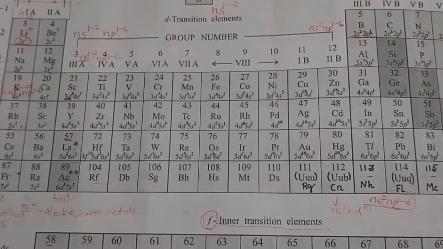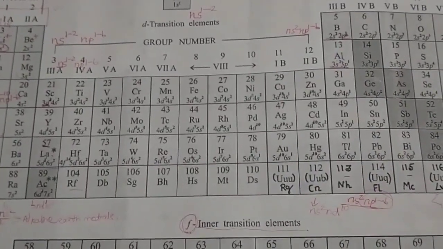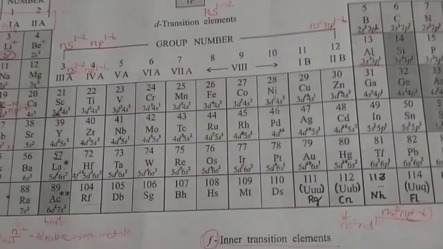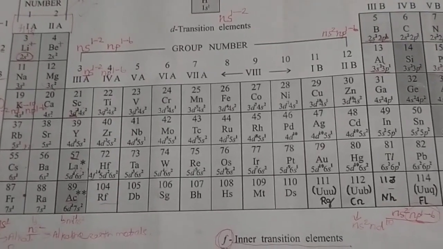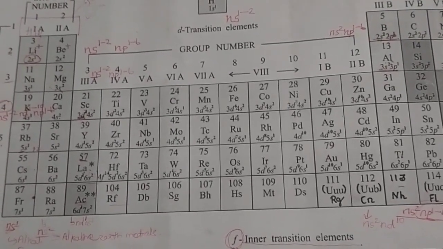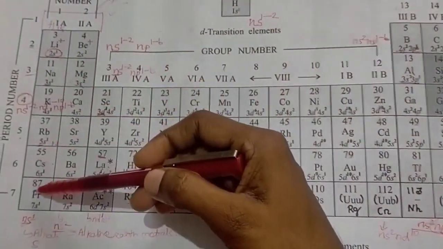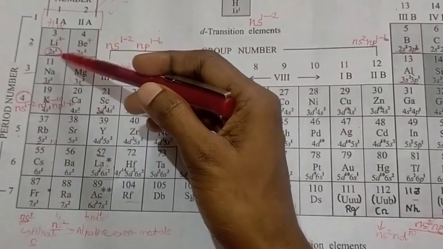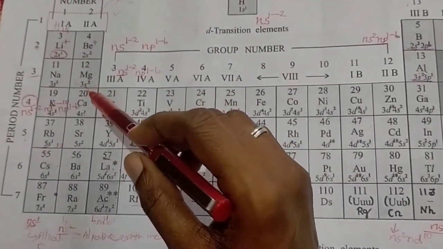So we have a relation between ionization energy and the shielding effect. When we move from top to bottom, you can see the number of orbitals is increasing, and the number of electrons present in those orbitals is also increasing.